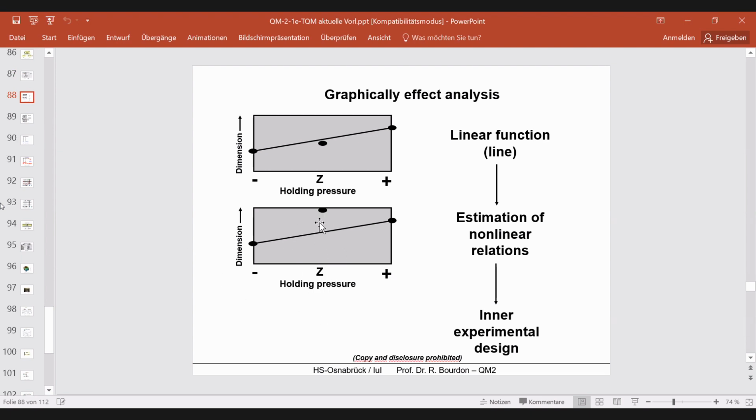But mostly the result of the center point is in the area of the line. So in many cases the linearity is working.